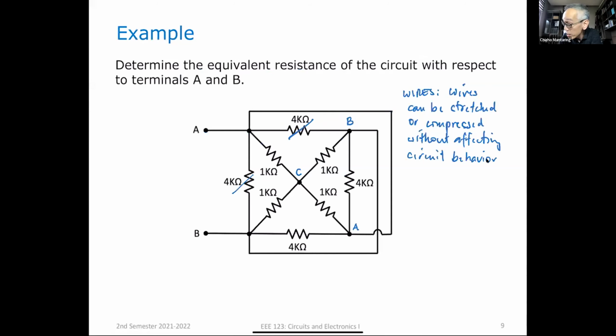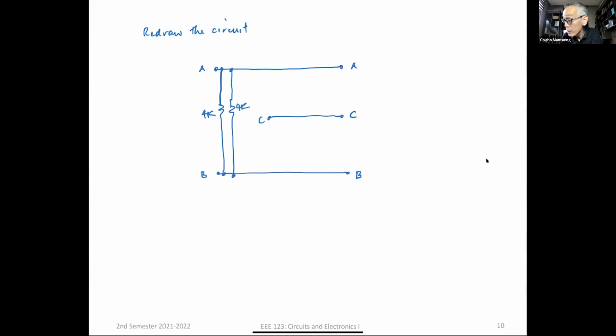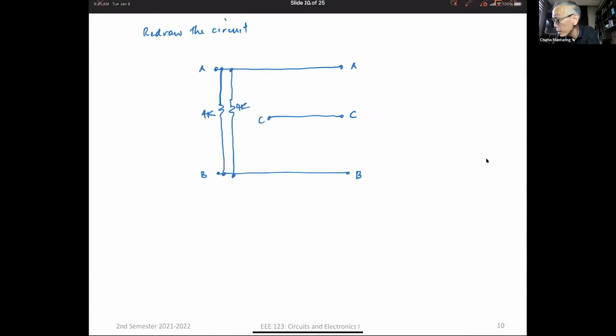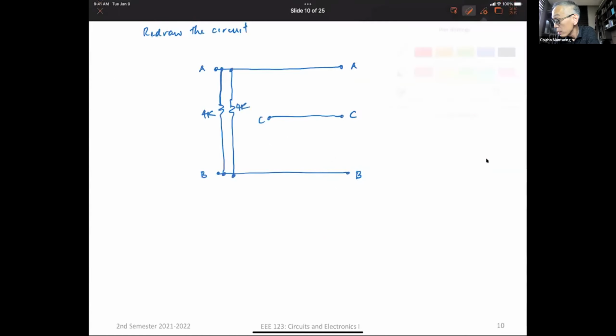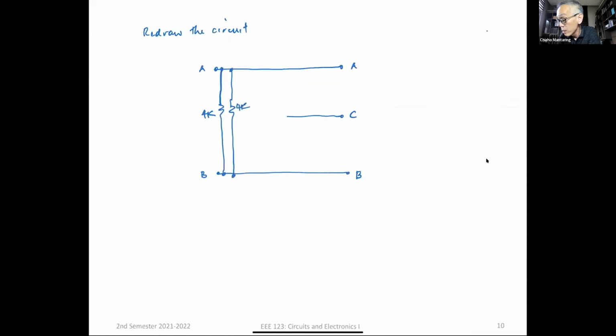If I take a look at this 4K, it is also connected between A and B. And this 4K is also connected between A and B. So meron pa akong dalawang resistor connected between A and B. I have 2 more resistors connected between A and B. Another 4K here.